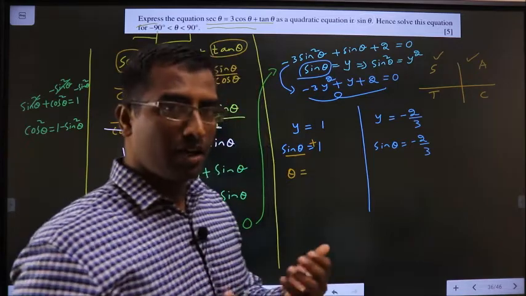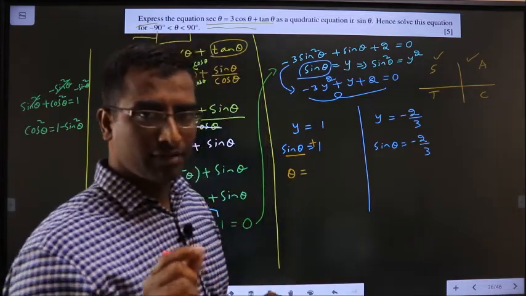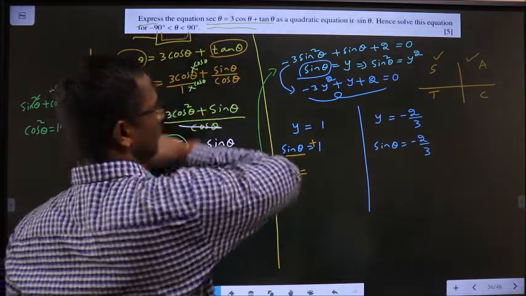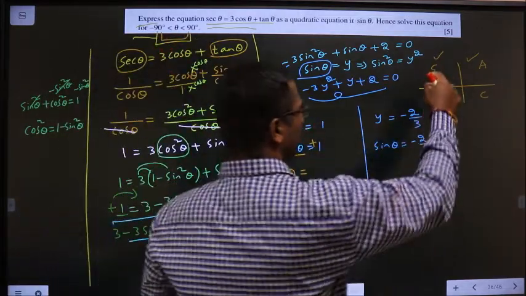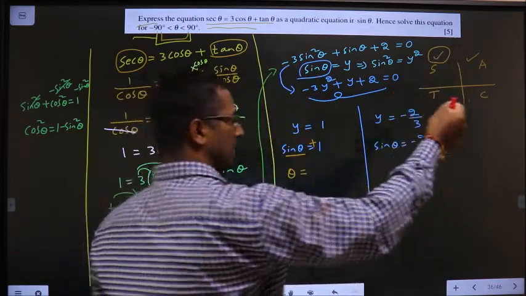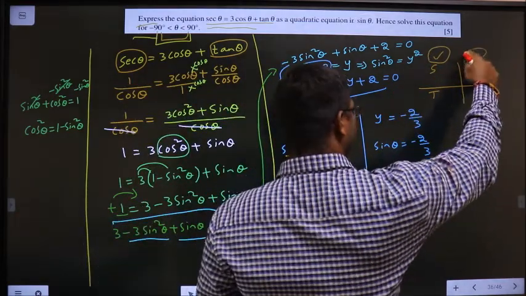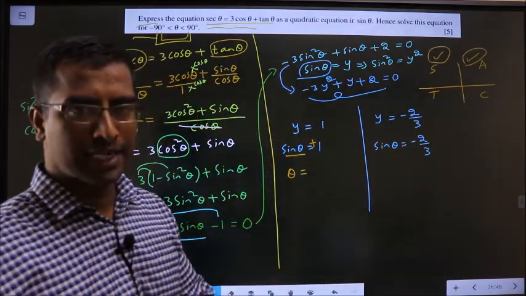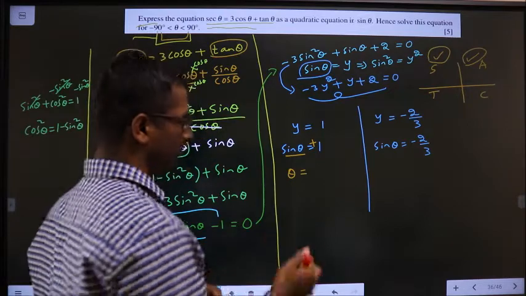Clear? After that, look at the given interval. Given interval is from minus 90 to plus 90. In that interval, second quadrant does not come. So it is enough if you find the angle in first quadrant.